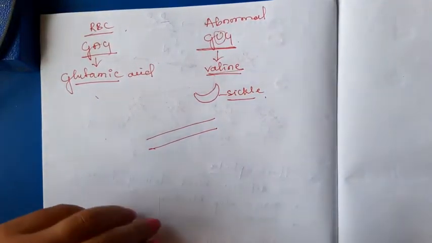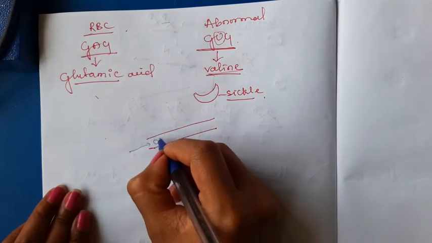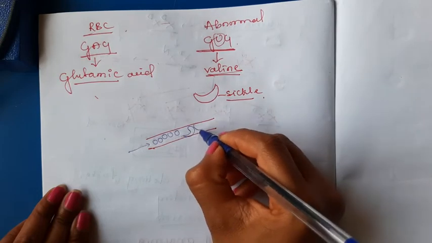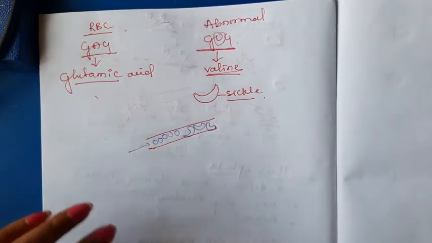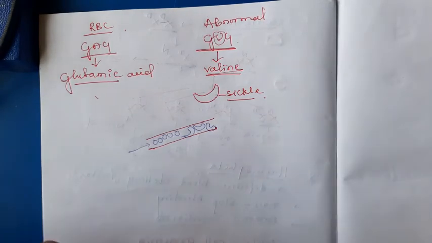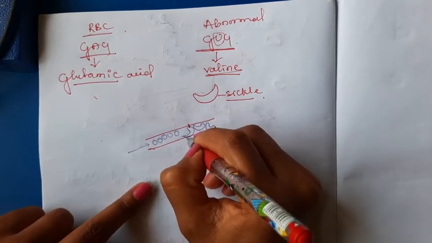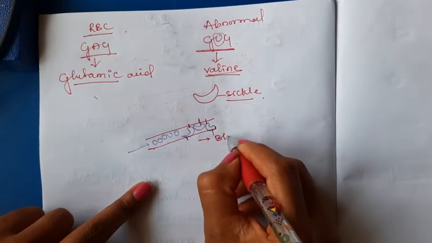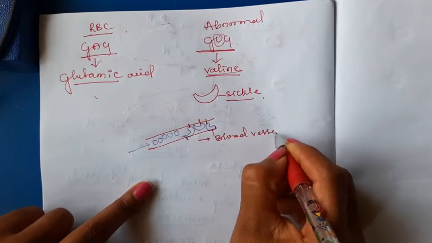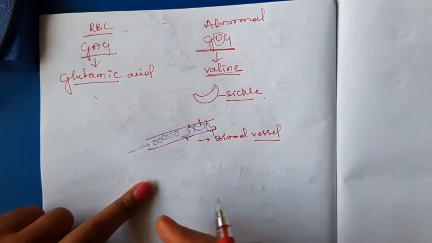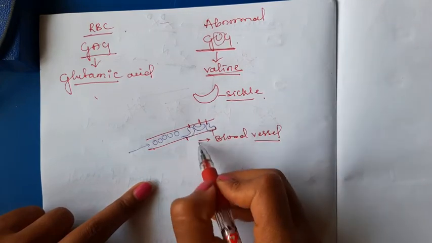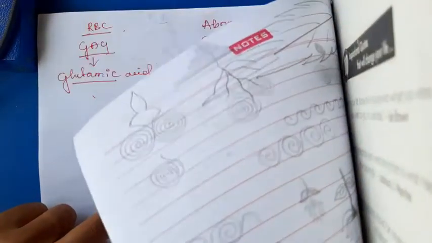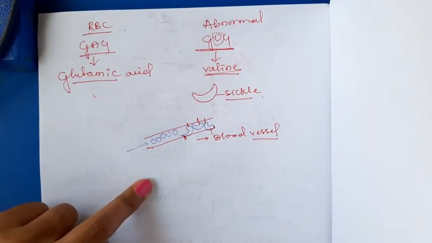Normally blood flows smoothly in the blood vessel, but due to the presence of sickle shaped RBCs, it tears the blood vessel. It can't move smoothly. Due to the shape, it breaks the blood vessel. Ultimately, it causes internal bleeding and leads to the death of an individual.